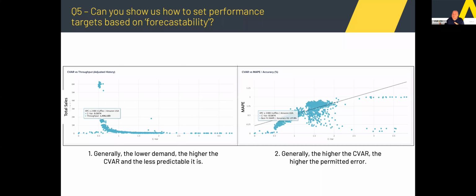Given we know that that's the inherent variability of that product, we can assign a more applicable forecast accuracy target. So we could divvy this chart up and say, well, if your C-var is less than 0.5, you need to be pretty accurate. And clearly, when you're dealing with a tail of very, very highly variable products that we can't explain, your forecast accuracy target probably is lower, or your tolerance for error is probably higher.